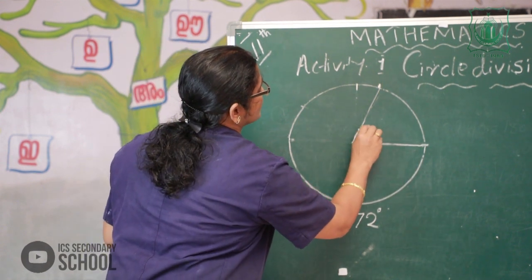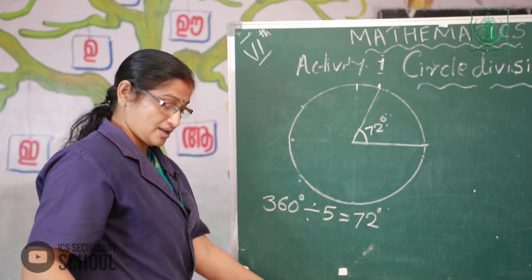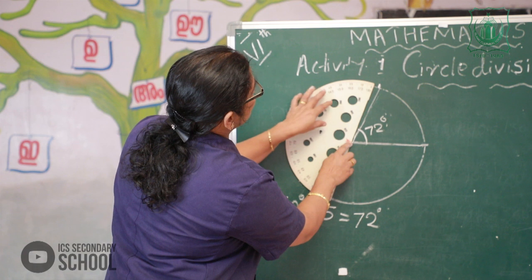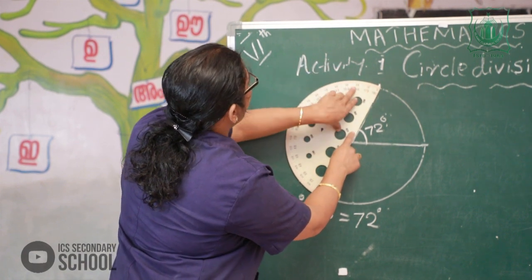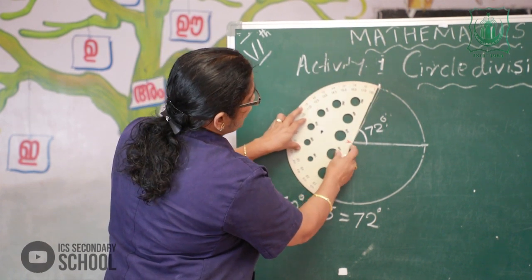Then we get 72 degrees, and measure with the midpoint of the protractor at 70 and 72 degrees.